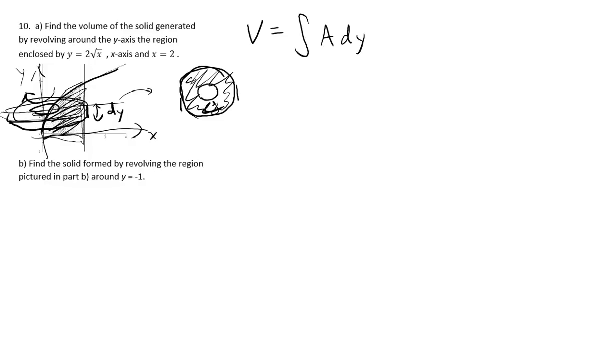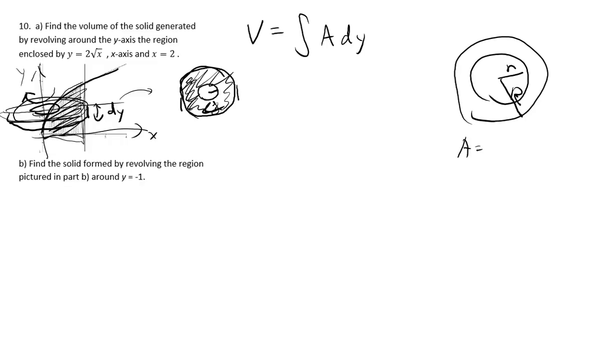and the area of a washer is always, if the inside is small r, maybe I should draw it again. So if the inside is small r and the outside is big R, then area would be pi R squared minus pi small r squared, which is pi times R squared minus r squared.